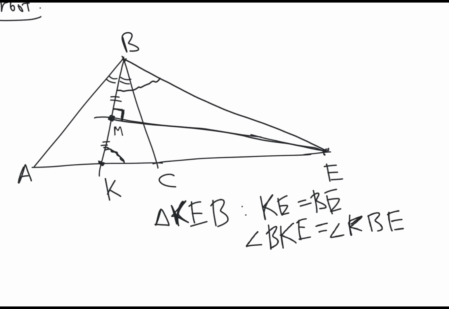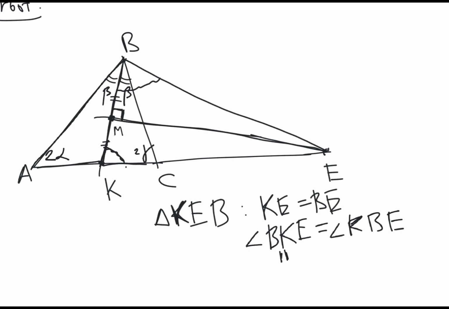So let's calculate this angle BKE as the external angle in the triangle AKB. So let's denote the angles of the original triangle as 2 alpha, 2 beta, and 2 gamma.